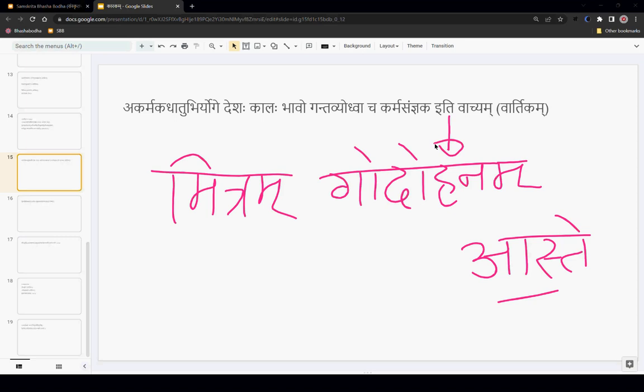Dohanam means milking. Go is dhenu. The whole time you milk the cow, he has to sit there. So mitram godohanam upavishati. This way you can use a bhavavachaka or kriyavachi pada as a karma samjna with an akarmaka kriya pada like aste, upavishati, etc.